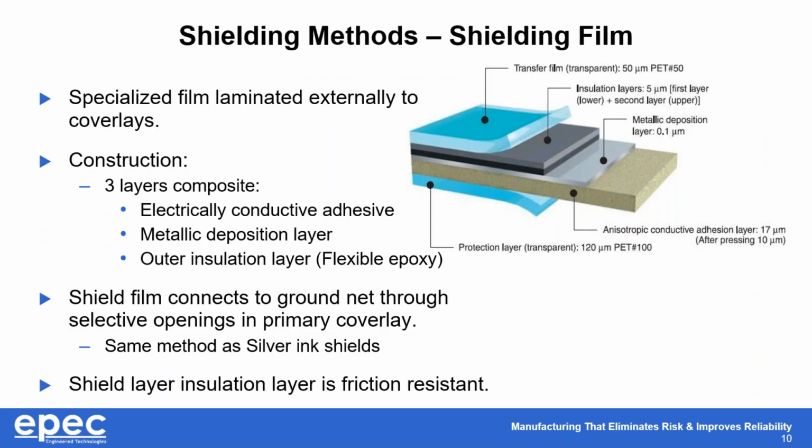So the third method, and I'm going to preface this by saying that this is by far the most commonly used and popular solution for shielding in non-controlled impedance designs that we see today. So shielding films were specifically designed for flexible circuits.